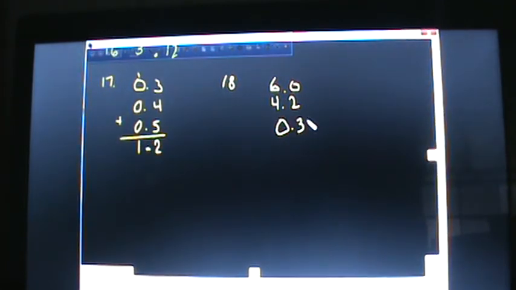Number 18. 6 plus 4.2, so now I'm going to put a point and a 0 after the 6, plus 0.36.